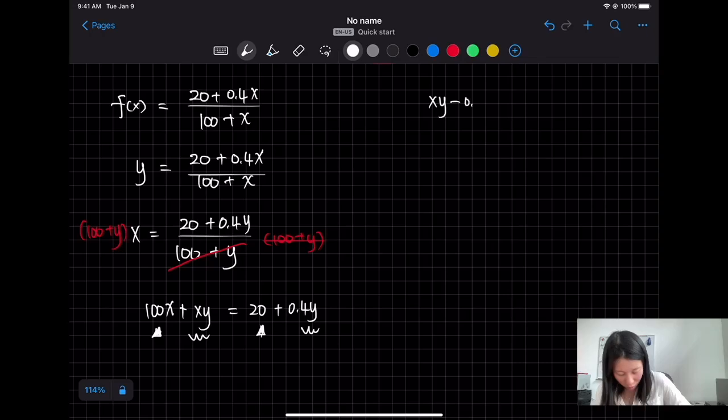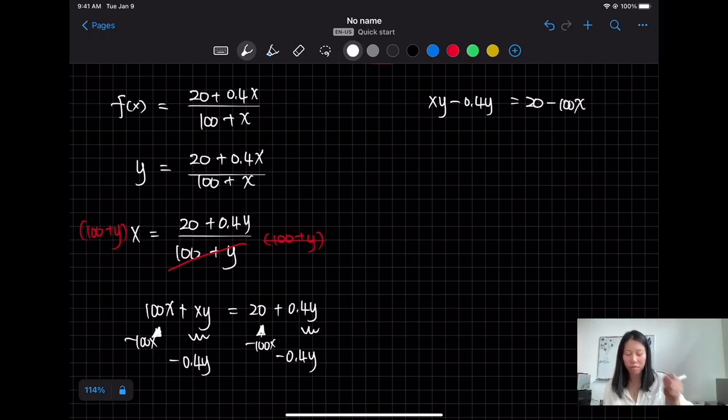So I will have xy minus 0.4y, because I want to move the 0.4y to the left side. And then I also need to subtract 100x on both sides. So I will have 20 minus 100x.